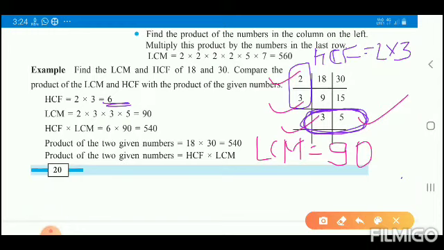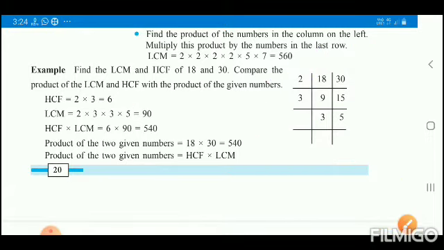When you multiply HCF and LCM, what will you get? We will see that with the product of the given numbers. What is the product here of the given numbers? The numbers are 18 and 30.